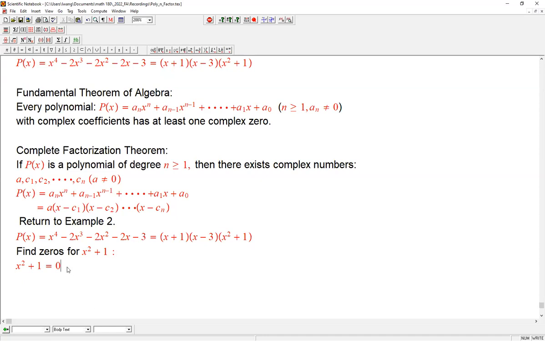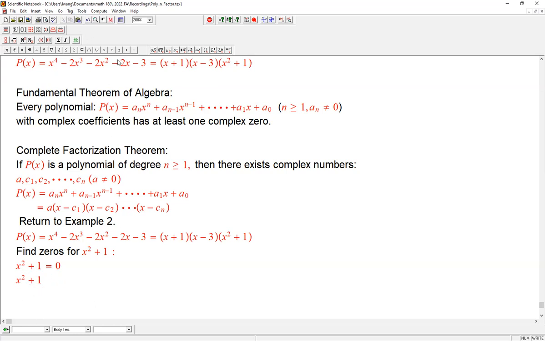We set it equal to 0, and then we get x squared equals -1. Okay, we take the square root on both sides.